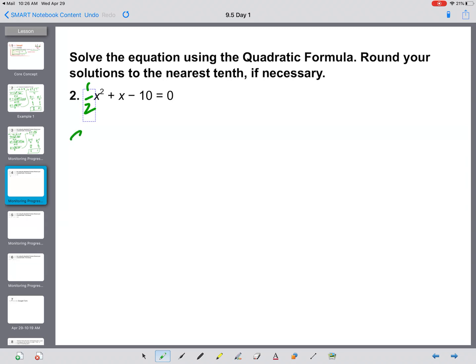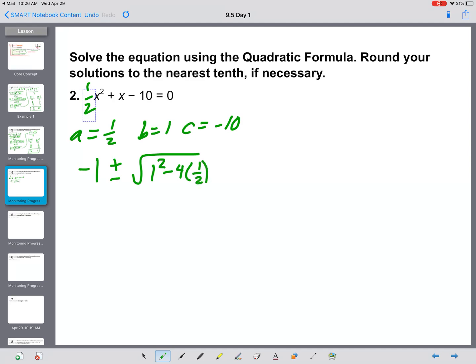Okay, so I know my A value, 1/2, B is 1, C is negative 10. So now I can just start to plug it in. So I get negative 1 plus or minus 1 squared minus 4 times 1/2 times negative 10 all over 2 times 1/2.